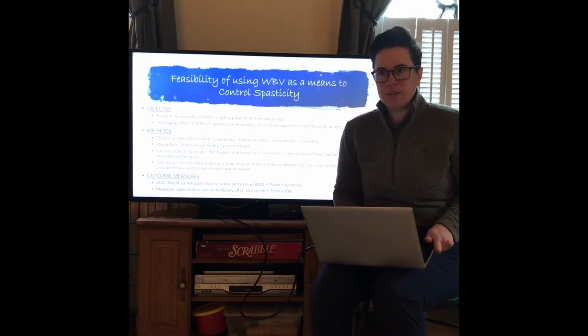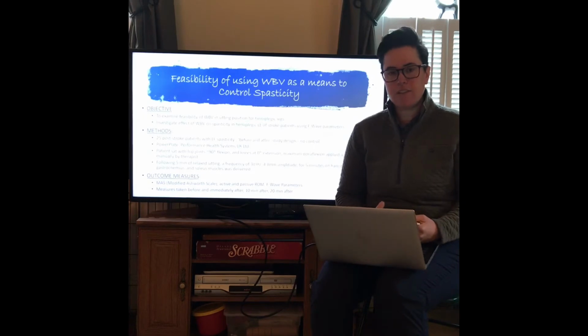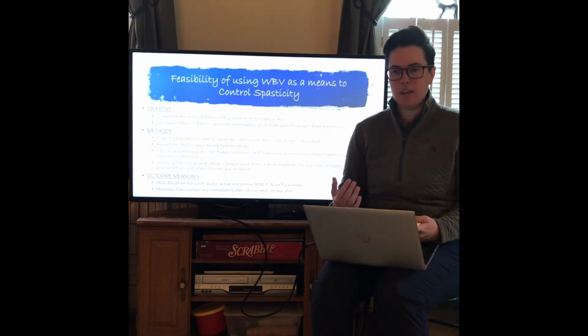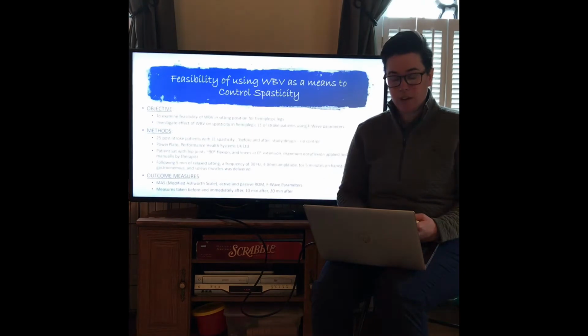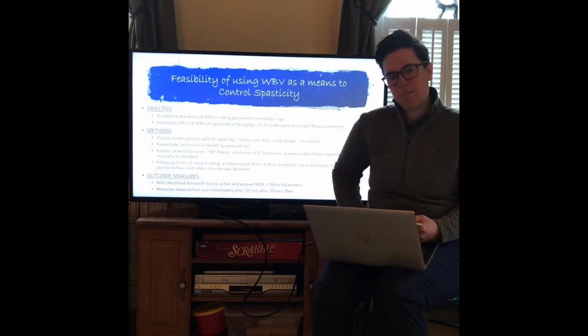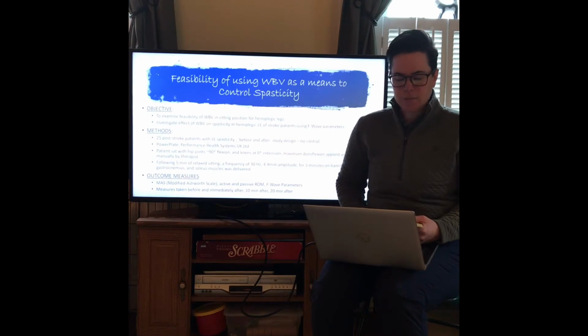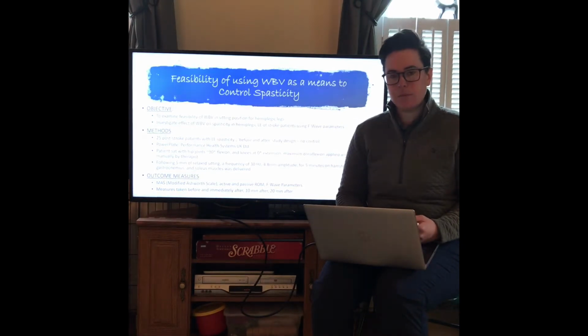It's also going to examine the effects of whole body vibration on the excitability of those motor neurons using an F-wave parameter. With this study, there were 25 patients. They were seated with their hips at 90 degrees flexion, 0 extension, and maximum dorsiflexion.